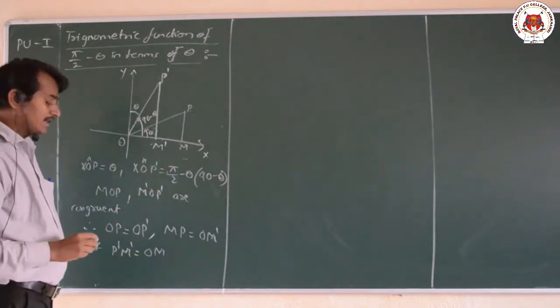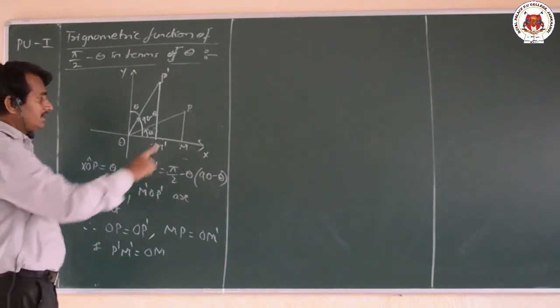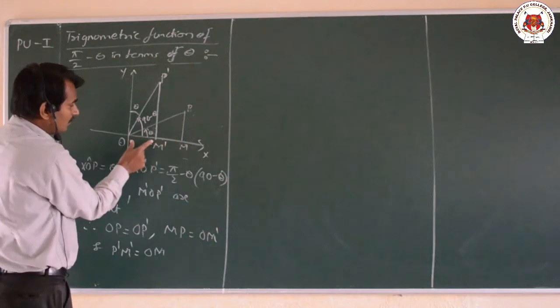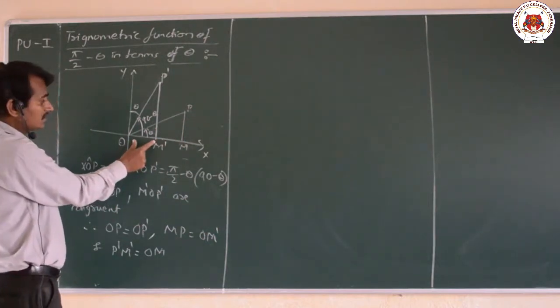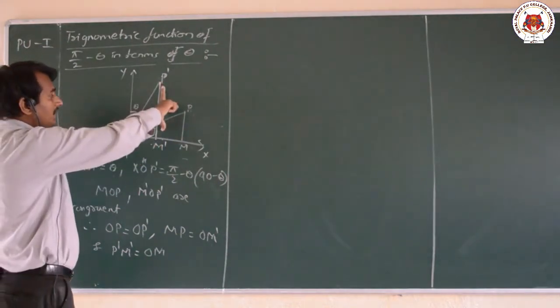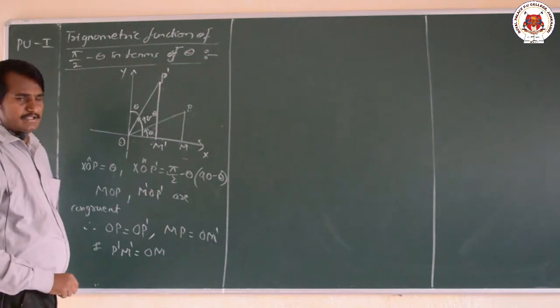Dear students, it is very simple: PM value will be OM dash with respect to these two triangles, and M dash P dash value will be OM, and all are positive values.